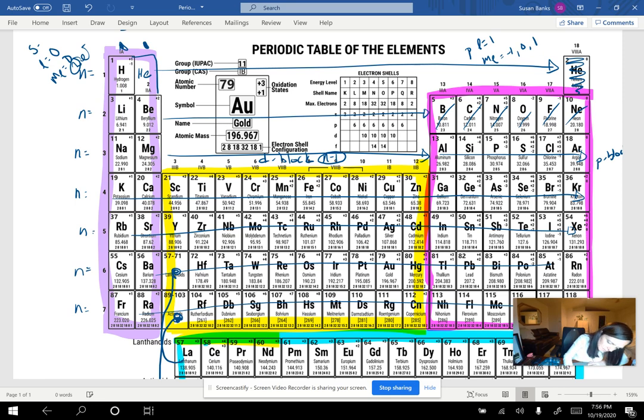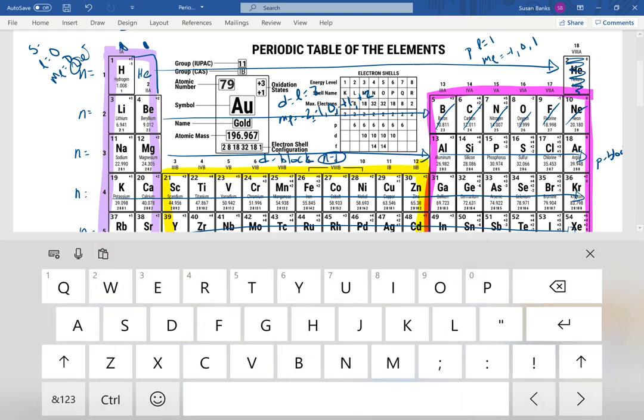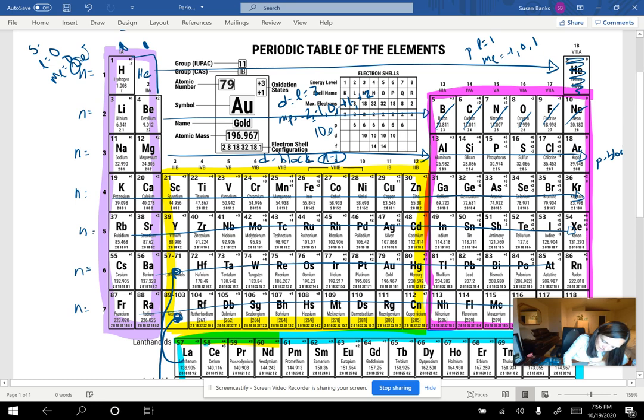Okay, let's look at our d block. D block, that means L is equal to 2. That means my m sub L is -2, -1, 0, +1, and +2. So I have 1, 2, 3, 4, 5 orbitals, which allows me to fill in 10 electrons. You guys good with that?